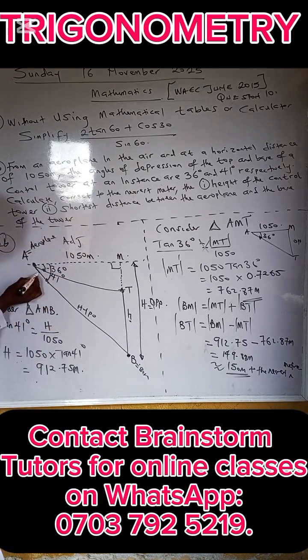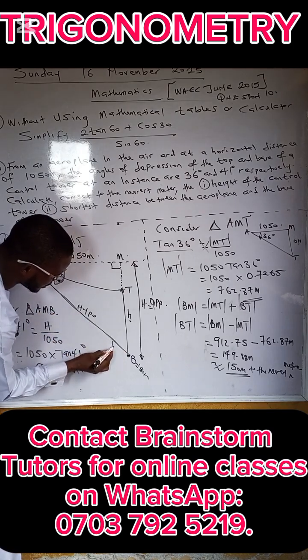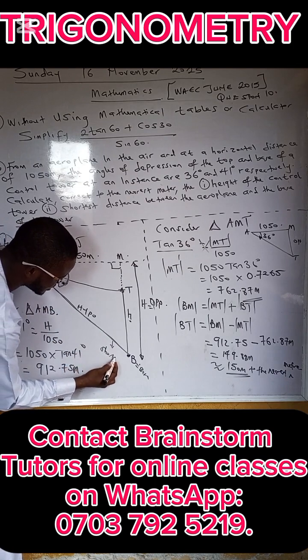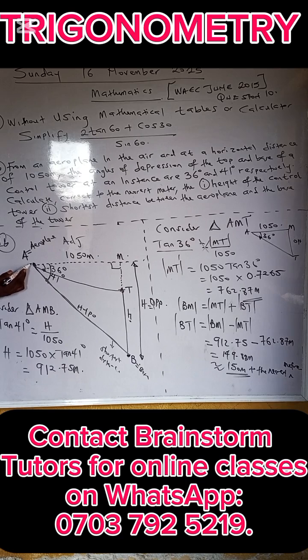So this line represents my shortest distance, the line from the aeroplane to the base directly. So they're actually asking me to find my hypotenuse line, which is very simple.